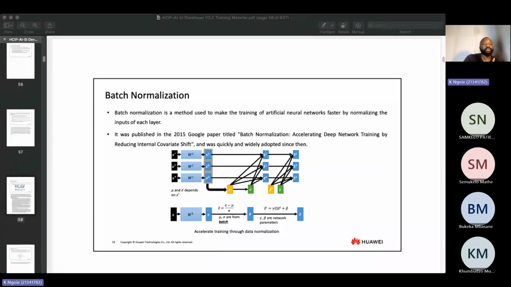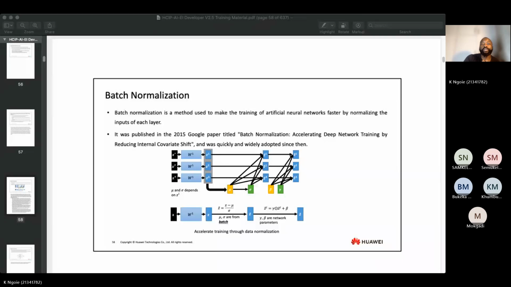Okay, so I'm trying to, okay, in the meantime, while that is opening, I'll show you an example of normalization. I think it should be ready somehow.